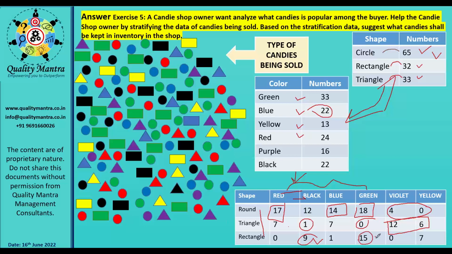So basically, based on this, you can take the decision which color and which kind of candies you can keep in your shop. Because what will happen, this will reduce your inventory of other candies which are not in demand. Those which are not in demand, you should not keep at all. It is an unnecessary cost to you.